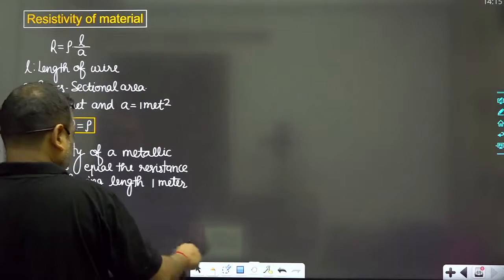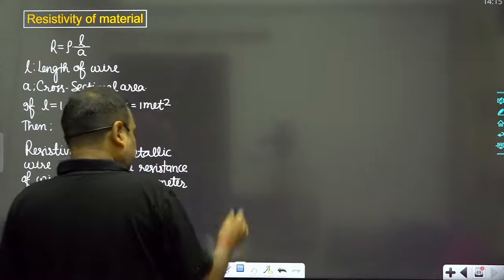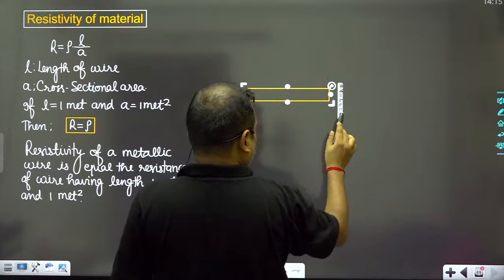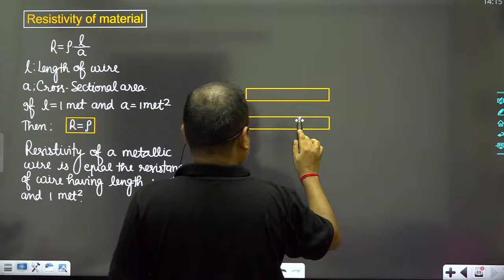Suppose that these are three conductors like this.